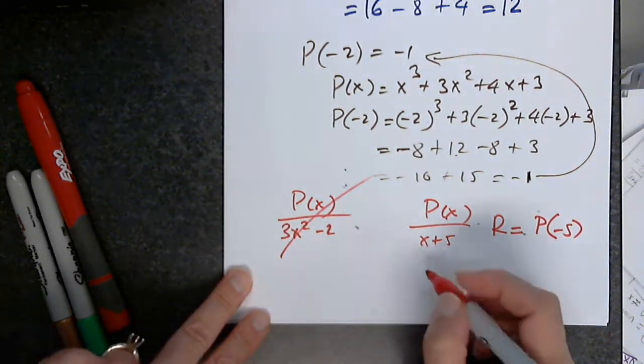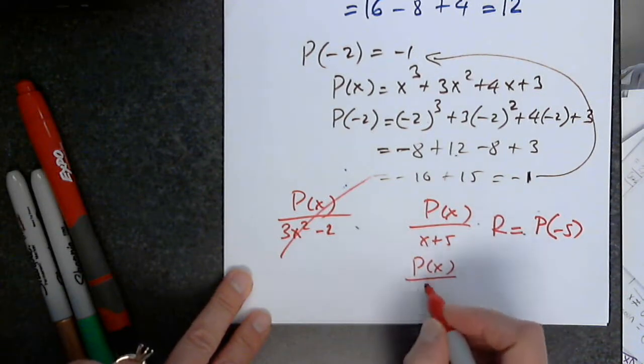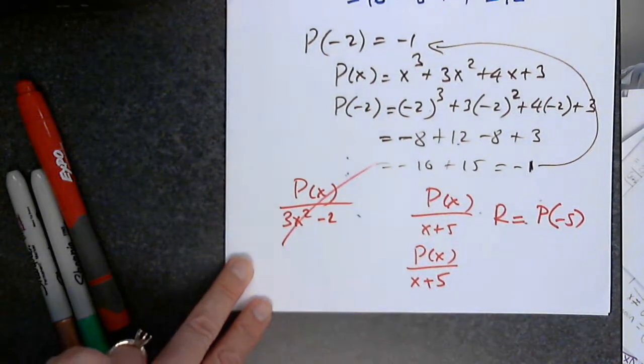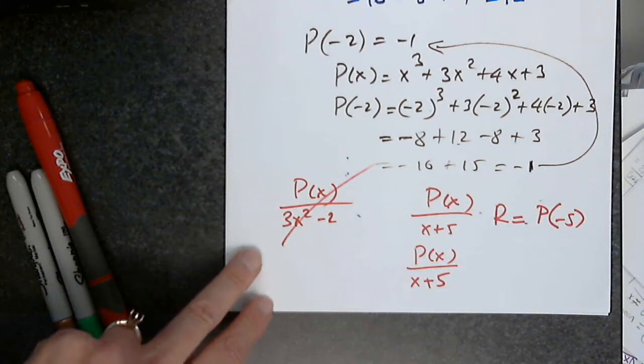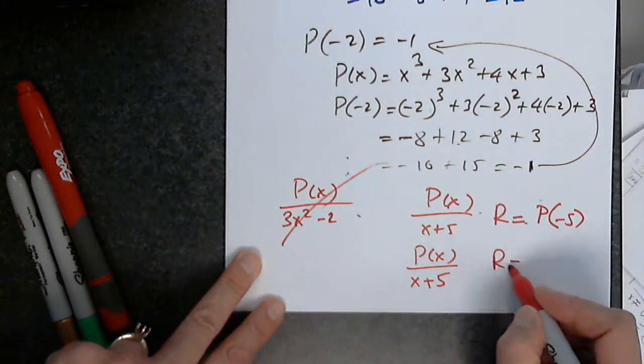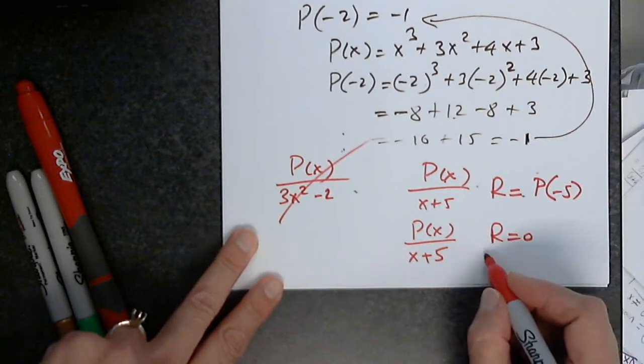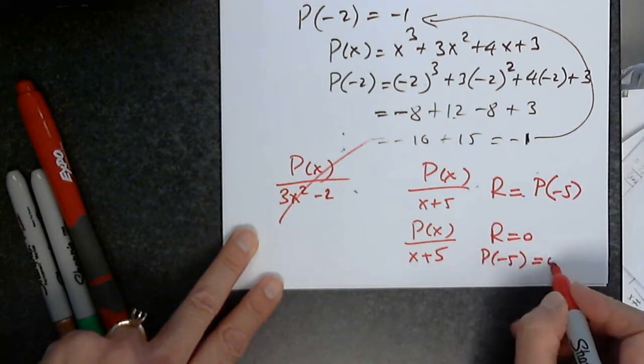Now here's a question for you. What if this has no remainder? Then it's going to be 0. Yes, the remainder is 0, which means that P of negative 5 is 0.